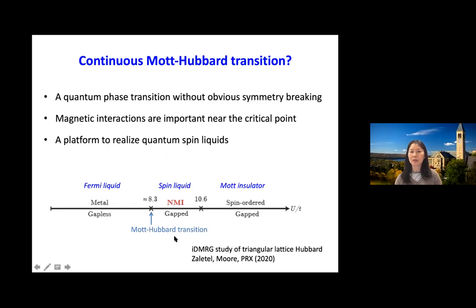What those guys found is a very interesting intermediate phase, a chiral spin liquid. That also gives us motivation to search, perhaps there are some exotic magnetic states.